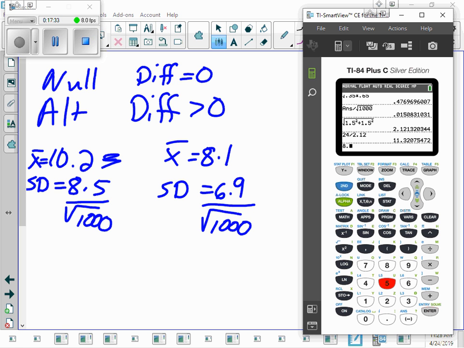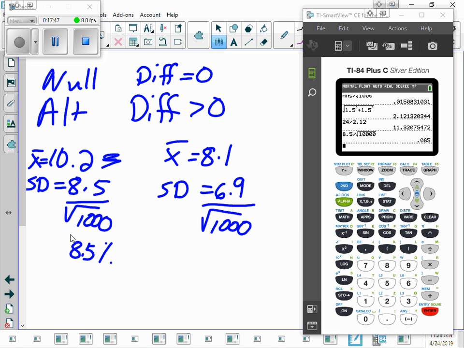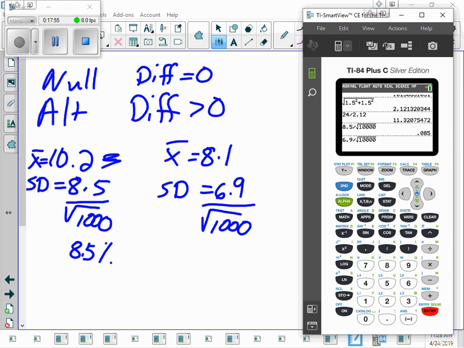So 8.5 divided by the square root of 1,000. And I get 8.5%. And then 6.9 divided by square root of 1,000. Oh, wait a minute. I did 10,000. Sorry.